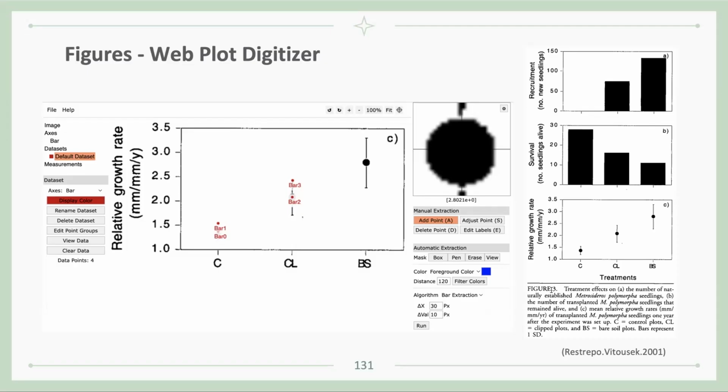It allows me to screenshot the figures in the papers and input them into Web Plot Digitizer, calibrate the axes, and manually annotate the data points, usually receiving things like the mean and the standard deviation. So with Web Plot Digitizer, I'm able to easily extract these raw data points.